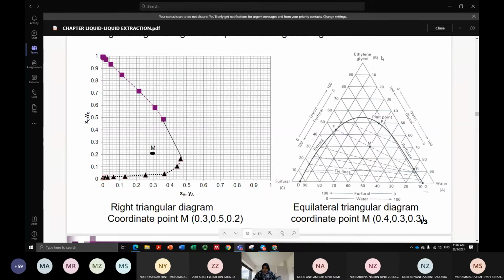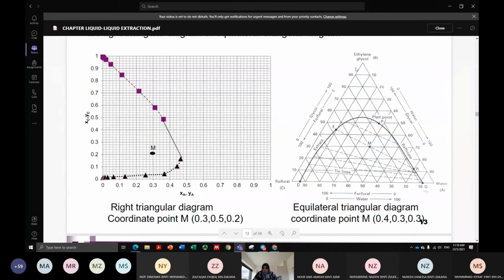Forget about which one is solvent, which one is carrier, which one is solute. Just look at this one first. This is the peak for A, the peak for B, the peak for C.